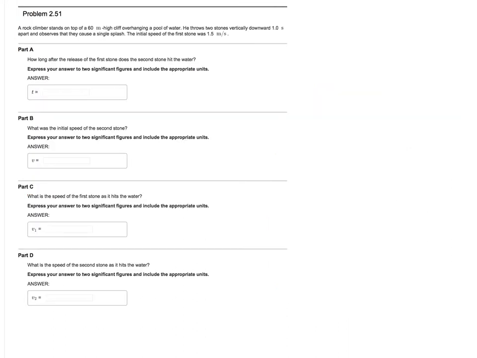Moving on to our final problem here, we have two stones being thrown downward, and we know that the two stones hit the water below and create a splash at the exact same time. So we're going to be setting up two situations, one for stone 1, one for stone 2. So I'm going to start by doing my chart for stone 1 here because we know the most information about that.